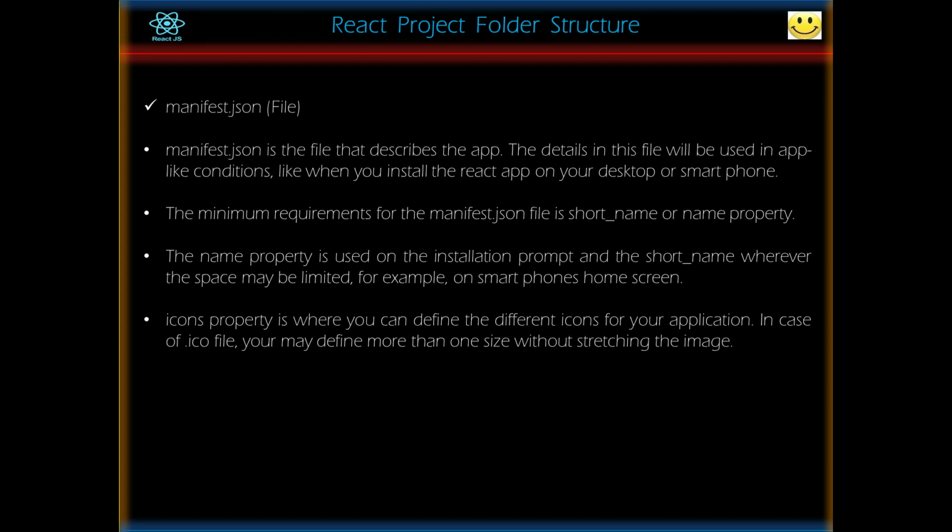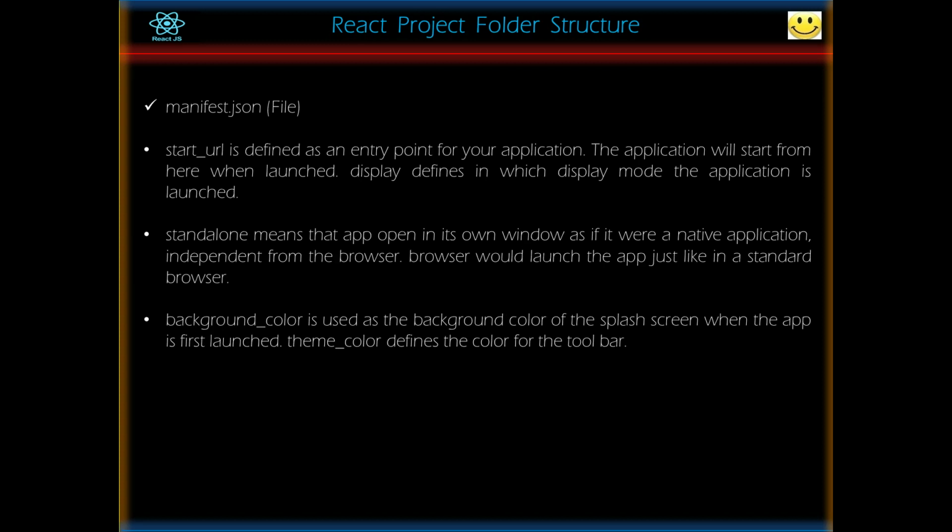Icons property is where you can define the different icons for your application. In case of an .ico file, you may define more than one size without stretching the image. Start_url is defined as an entry point for your application. The application will start from here when launched. Display defines in which display mode the application is launched.